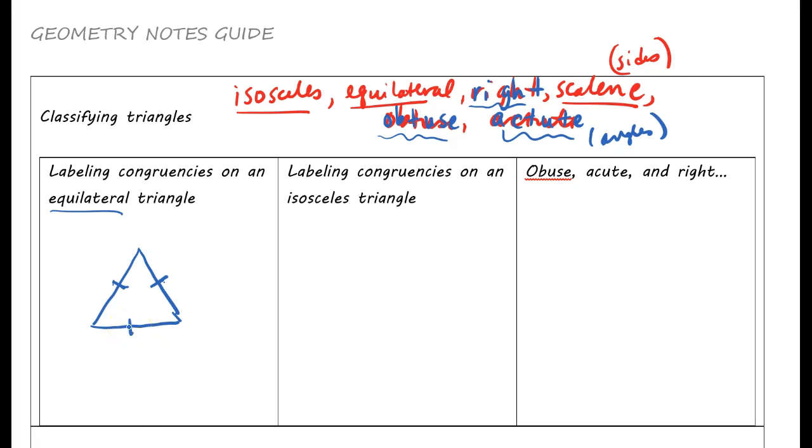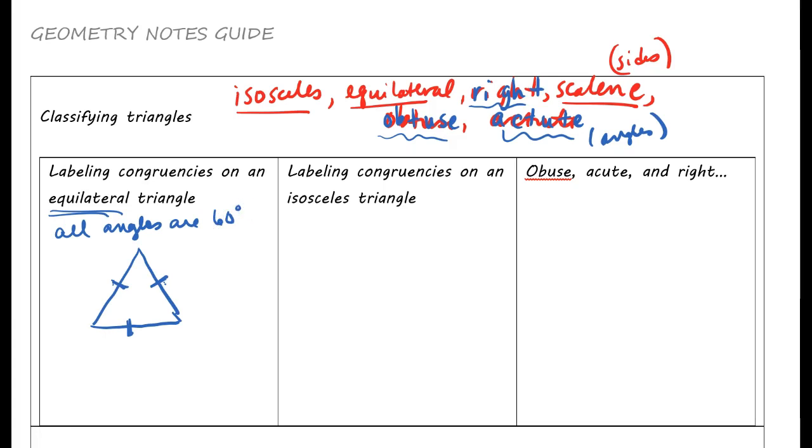So if I draw one line, and one line here, that means they all match, and that's your giveaway that it is equilateral. So all the sides are the same, okay? Now, one other thing you might want to know is on an equilateral triangle, all angles are the same also. All angles are the same, and in fact, they're 60 degrees.